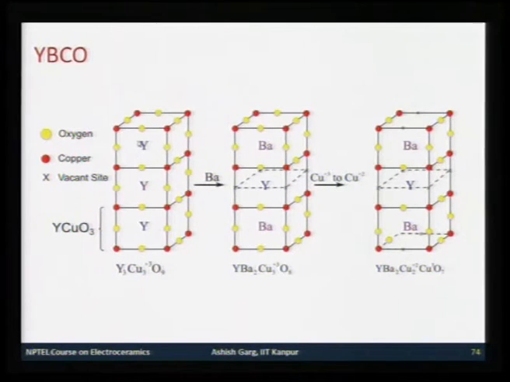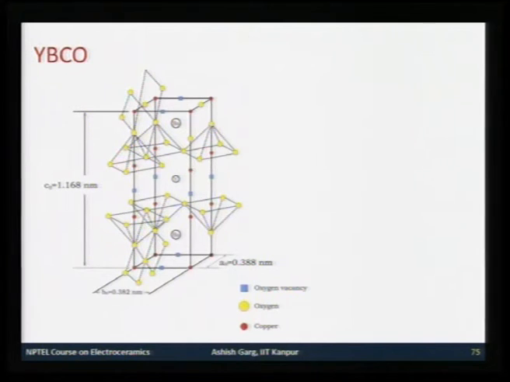So you have this Y3Cu3O9 followed by YBa2Cu3O8 and then Cu 3+ to 2+, formation of YBa2Cu2(2+)Cu(3+)O7. So the structure remains similar, orthorhombic, but as a result of these substitutions and reduction in the oxidation state, you have vacancies of oxygen, and these crosses are nothing but vacancies of oxygen, and this also leads to changes in the coordination of copper atoms.